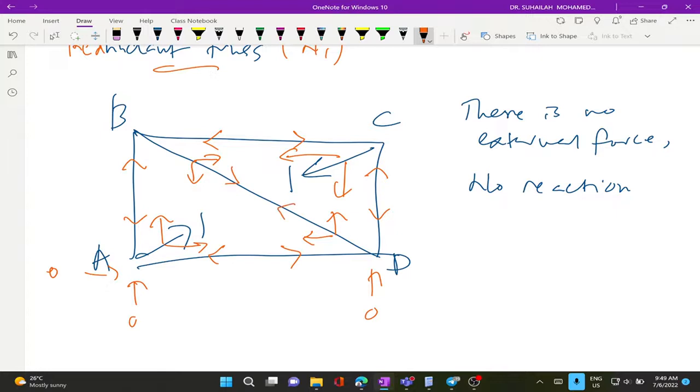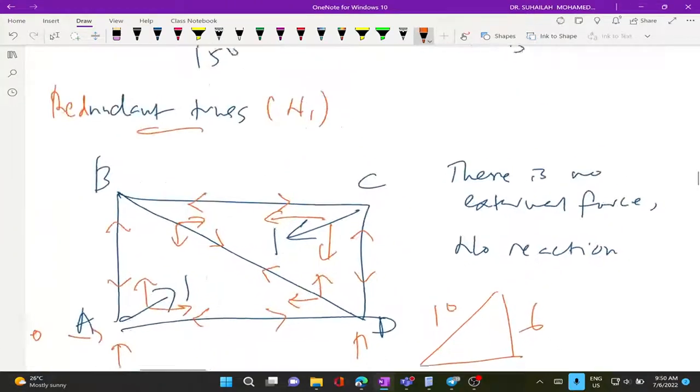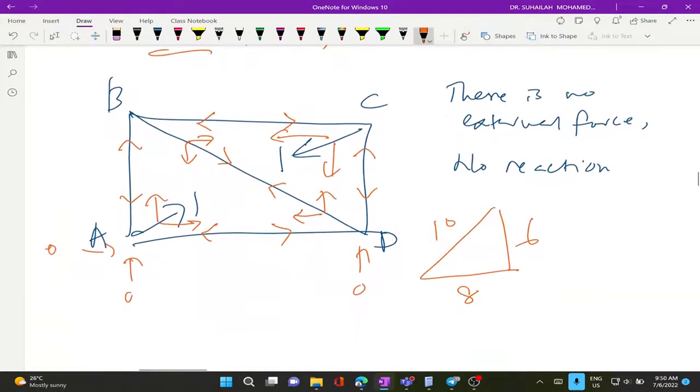Now we have to determine using trigonometry. This is 8, this is 6, so this is 10. So 1 is equivalent to 10, 0.6 is equivalent to 6, 0.8 is equivalent to 8.